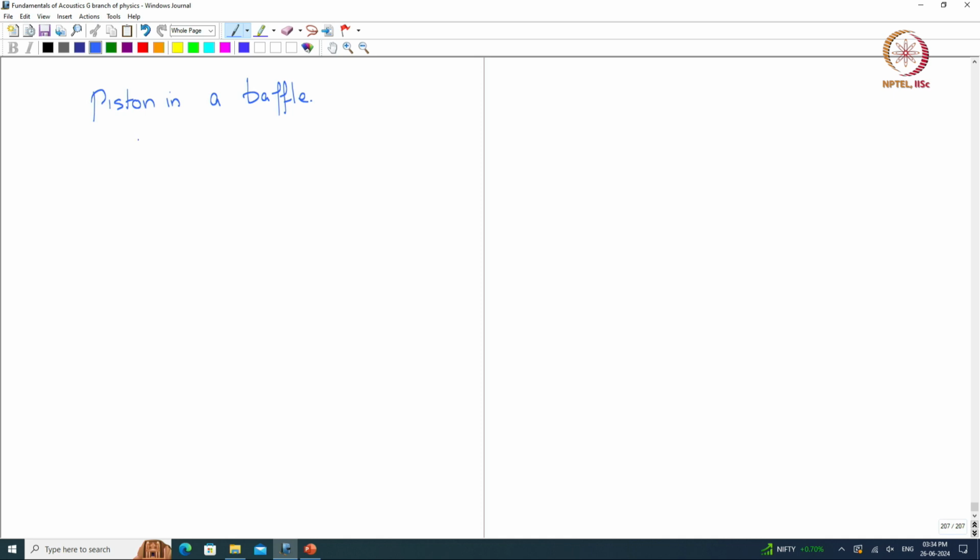If we do the same calculation of radiation impedance on the surface of the piston divided by particle velocity and ds, that ends up looking like R of R plus jX of R. The details are there in Kinsler and Frey, which is a textbook for this course, Fundamentals of Acoustics, Kinsler, Frey.